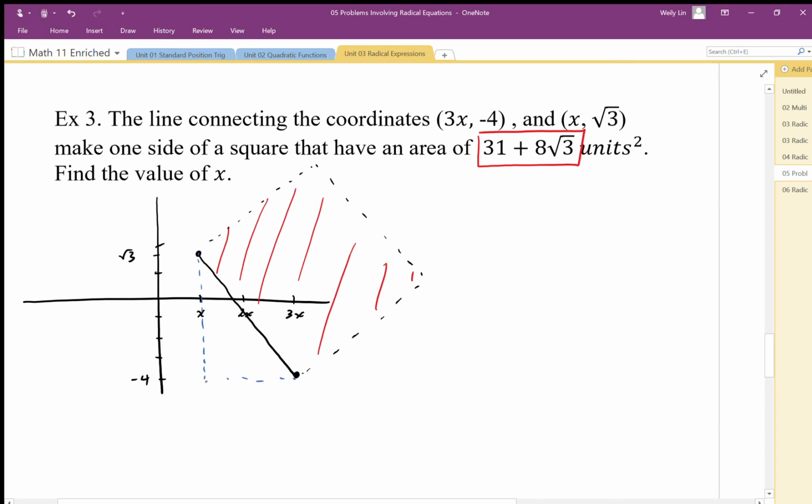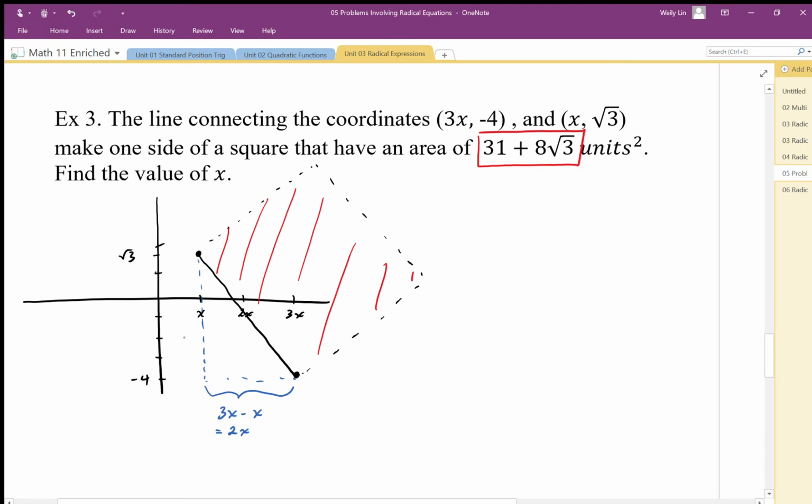So the length of this side here, if I take a look at these positions, we can find the displacement or length by subtraction. So we know that 3x minus x, that length is 2x. In fact, I'm going to write it as a displacement. 3x minus x, which is equal to 2x.